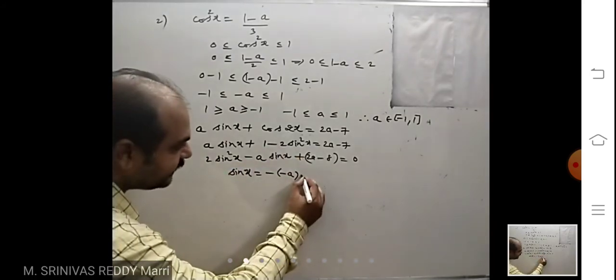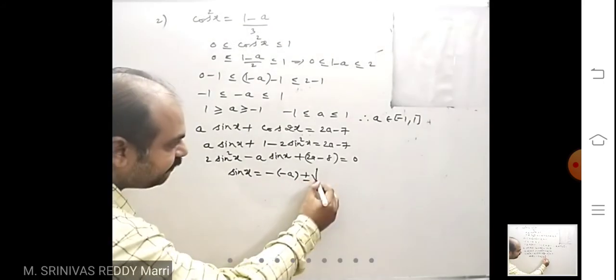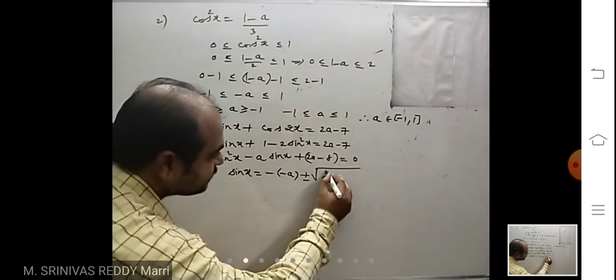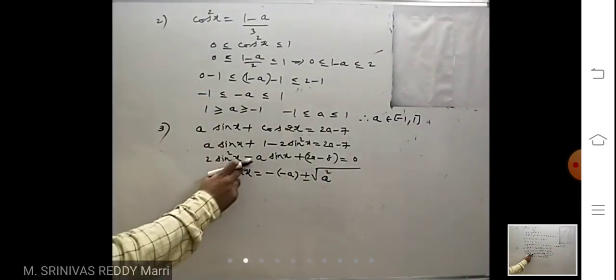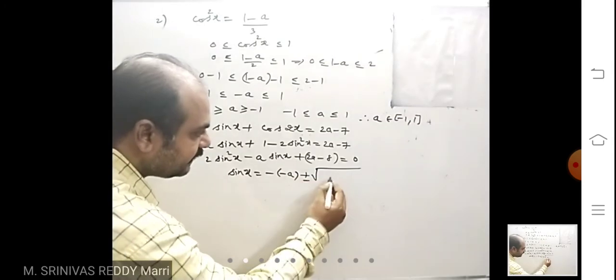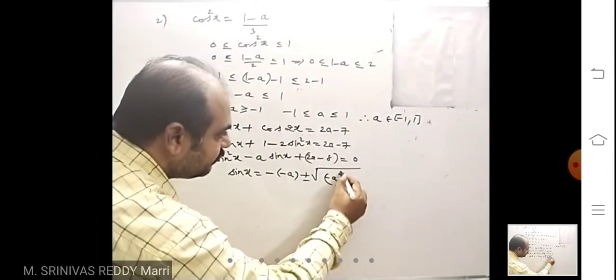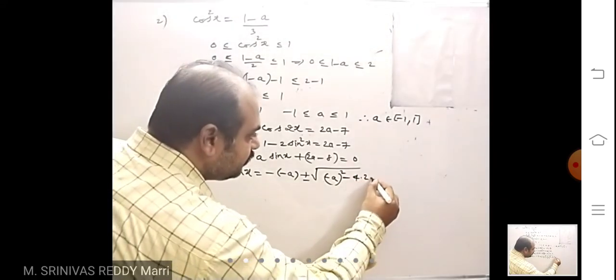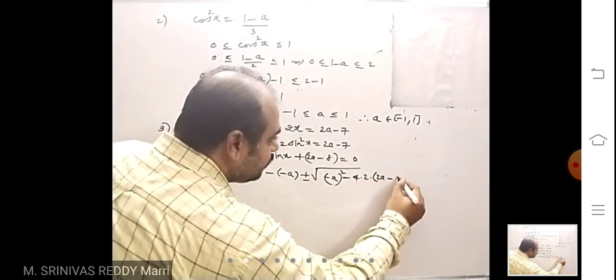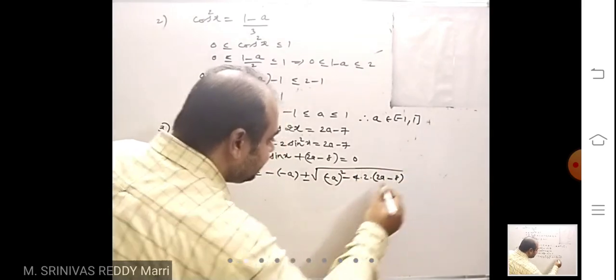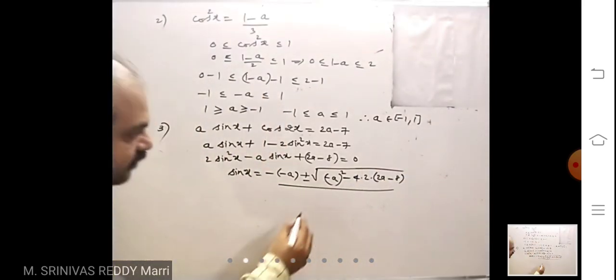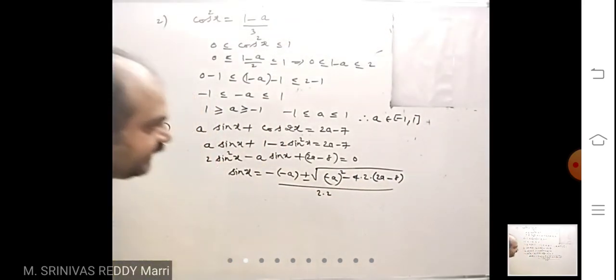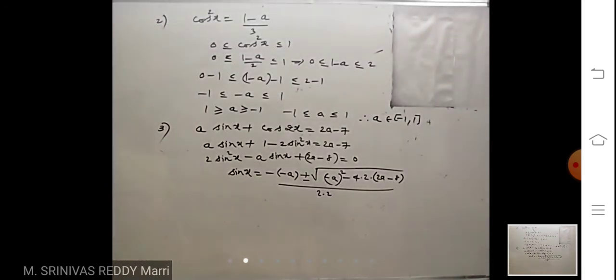Minus of b is a, plus or minus root of (minus a) whole square minus 4 into 2 into (2a minus 8), divided by 2 into 2. I am calculating the sin x value by using the quadratic formula.